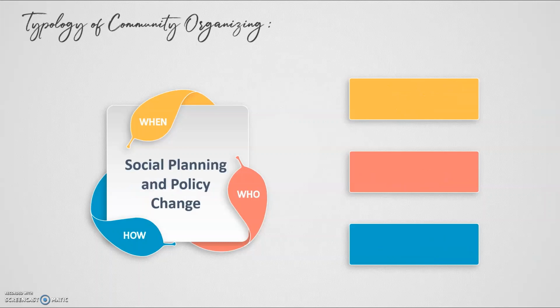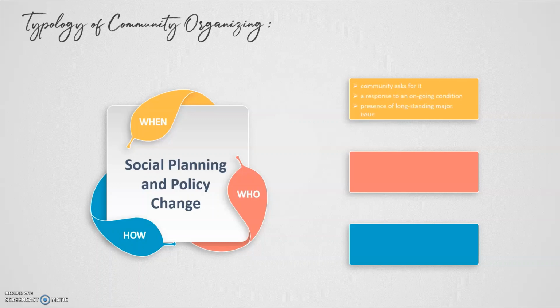Now, the next is social planning and policy change. If locality development is process oriented, social planning is more task oriented. This approach is used when policymakers try to solve problems in the community.